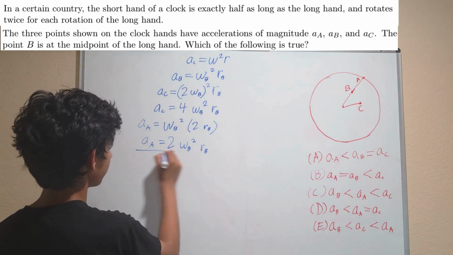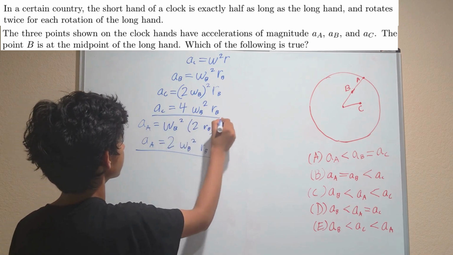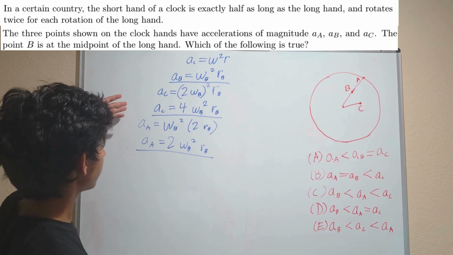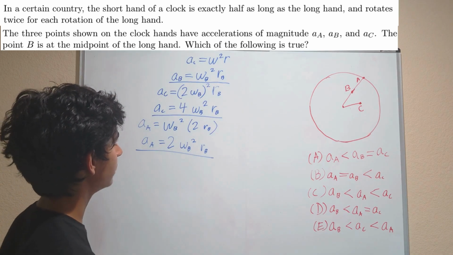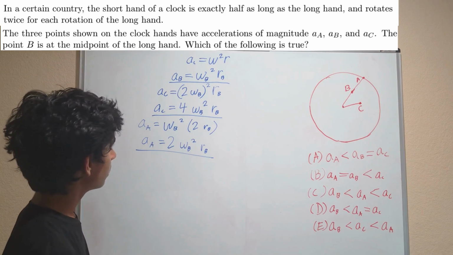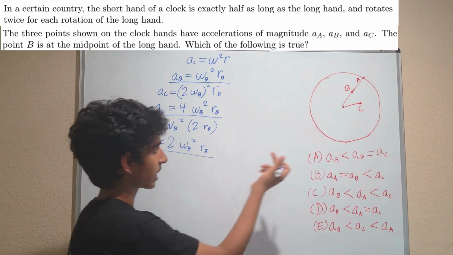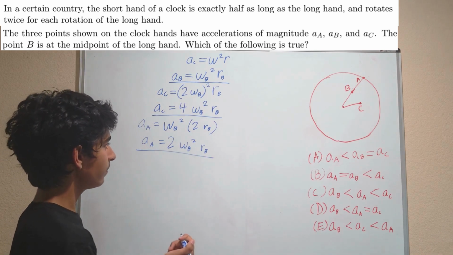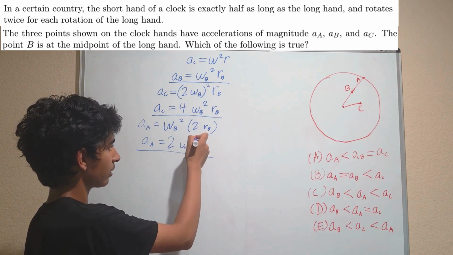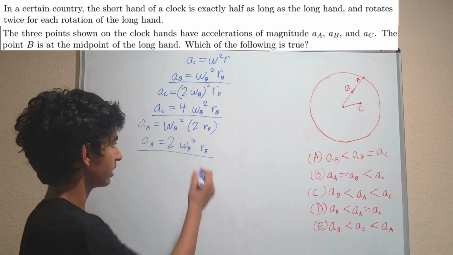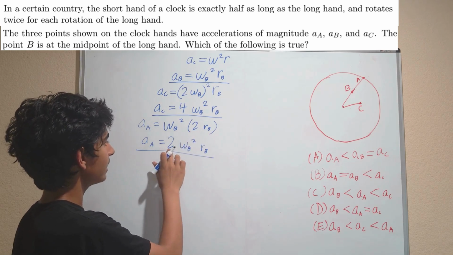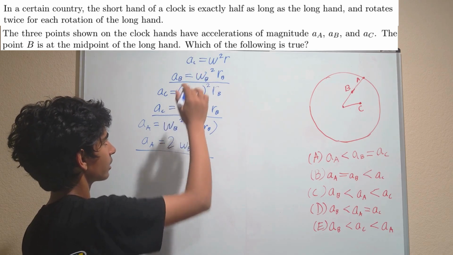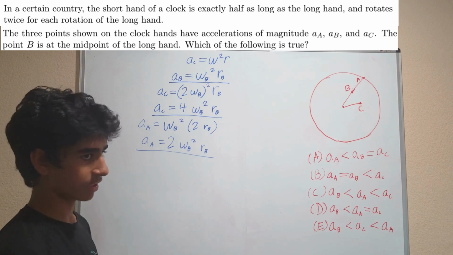So now we have the acceleration of each of these in terms of omega B and RB. We know that RB is positive because the length of the hands is positive, and since the angular velocity is being squared, that must also be positive. So anything with a higher factor must be greater.